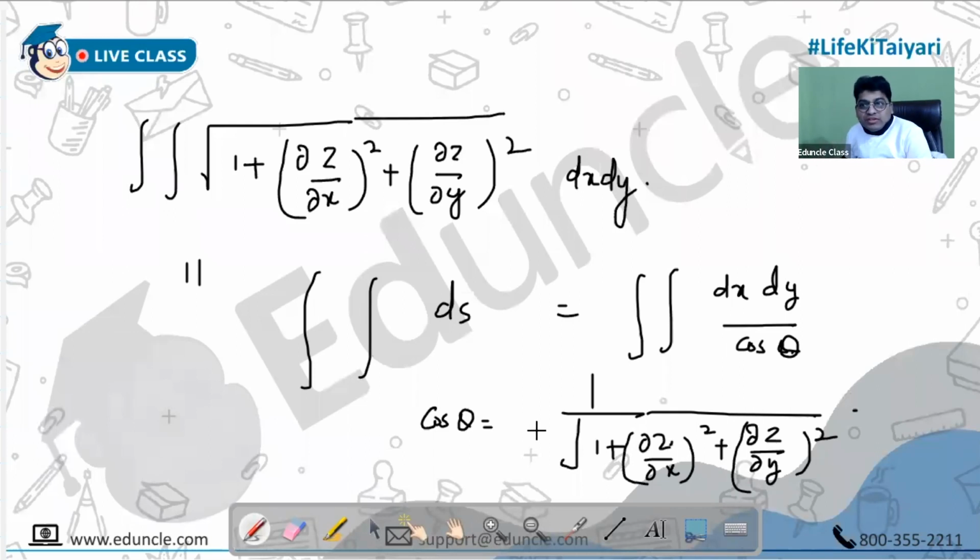This is called the direction cosine, है ना? Am I correct? ये मैं थोड़ा सा बताना चाह रहा हूँ. Yes or no?